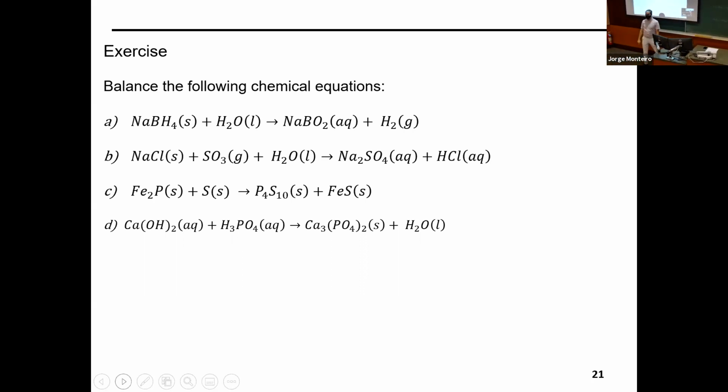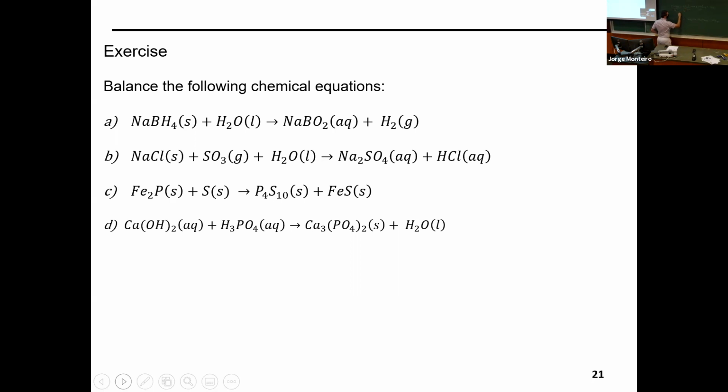And what's left is the atoms of hydrogen. Attention here, we have hydrogen in the first and second reagents. 1 times 4, that's 4 atoms of hydrogen in the first reagent. 2 times 2, 4 more in the second.